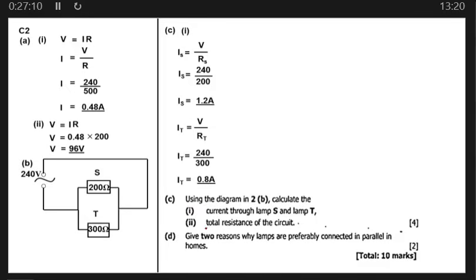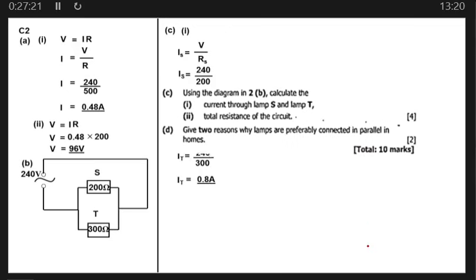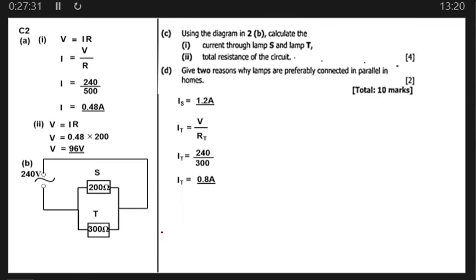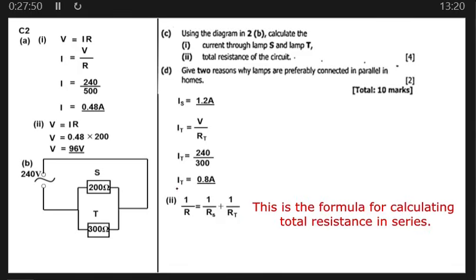Then we'll go to another question. So let's have some space here. Part 2 says the total resistance of the circuit, which is 1 over R. The total resistance is given by 1 over RS plus 1 over RT. So this is the formula.